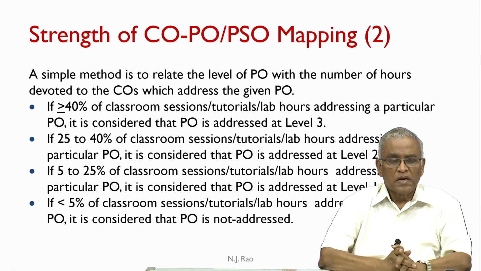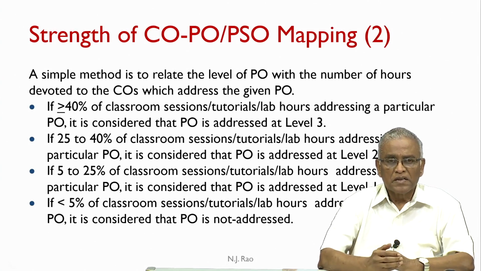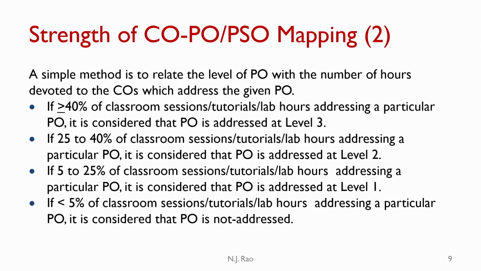Now we propose a simple method to relate the level of a PO to the number of hours devoted to the CO which addresses the given PO. The logic is this: let us say one CO is addressing PO1, but for that CO I only take 2 hours. So even though I am addressing this PO, the scope is limited to 2 hours.